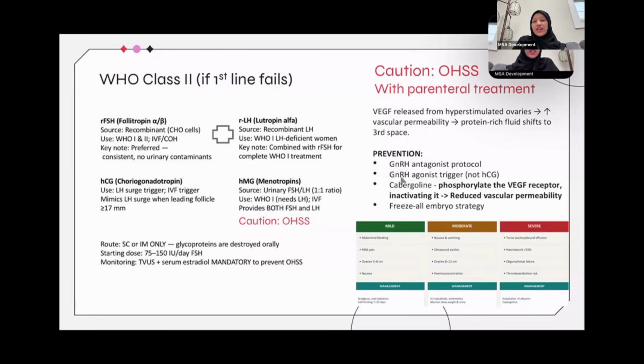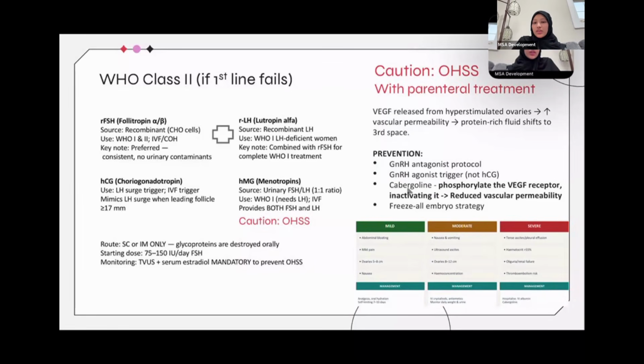You can give a GnRH agonist trigger. Sometimes giving continuous GnRH, not in a pulse-like fashion, can also stop the ovulation from happening and stop the hyperstimulation. It only works for stimulation if it's in pulses. So if you give agonist continuously or an antagonist, they will both work to stop this hyperstimulation.